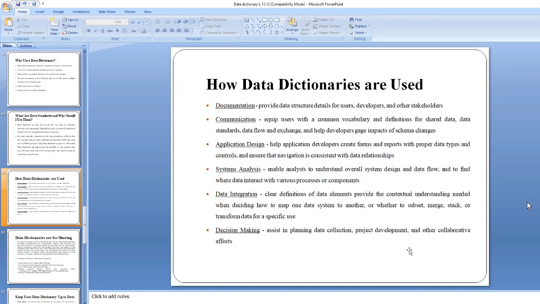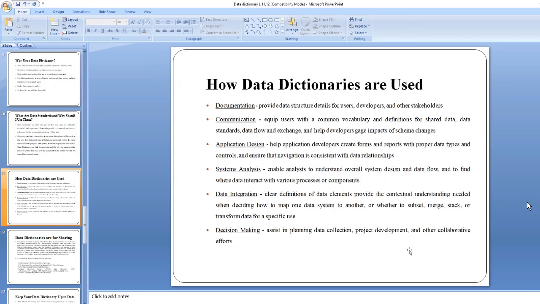Now, data integration. In this integration, they would clearly define the data elements that provide us the contextual understanding needed, and they would also tell how to map one data system to another, because the system we are designing would anyhow be communicating. It would be taking data from somewhere, processing it, filtering it, working on it.